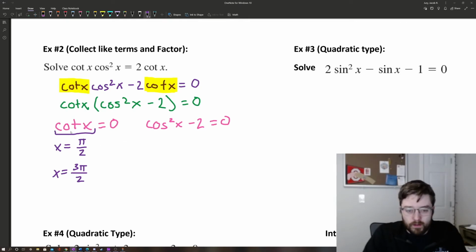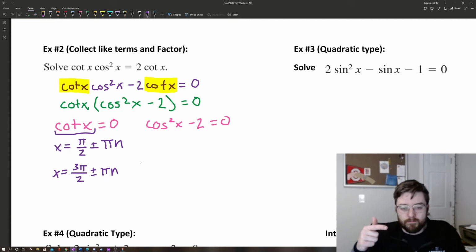So for cotangent, I wouldn't add on 2 pi n, I would just add on pi n, because pi is the period of tangent and cotangent. So you can see that it's actually redundant for us to have both of these here, because one of them will cycle to the other. For example, they're pi apart in these two solutions. So we only need one of them. So we don't need to write this one, even though it's correct. Yeah, I'll leave it there though.